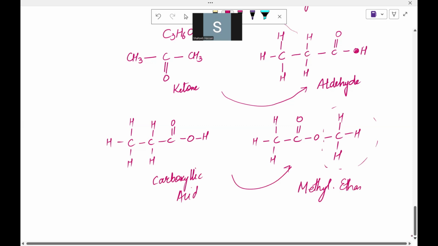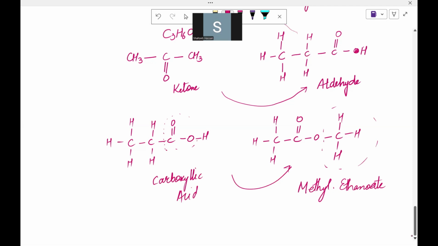Very good. So you can see that they both are basically functional group isomers of each other. And just due to the movement of this functional group, it has transformed from a carboxylic acid to methyl ethanoate, which is an ester. Okay.